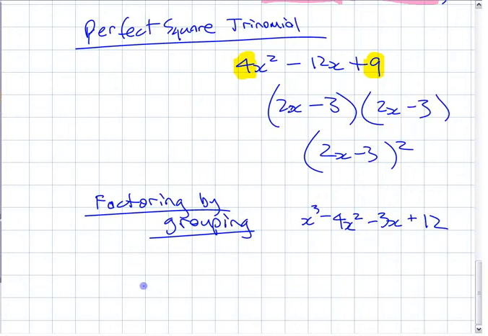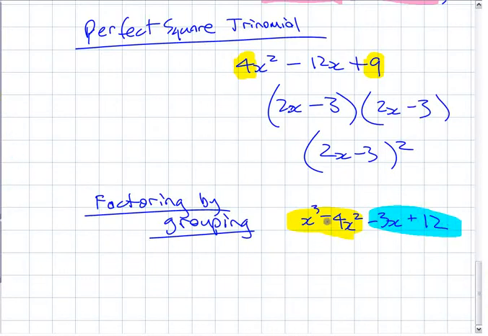If you're factoring that by grouping, it basically just means look at the first part as a group. There's nothing in common throughout the whole thing. But each group, each pair might have something in common.